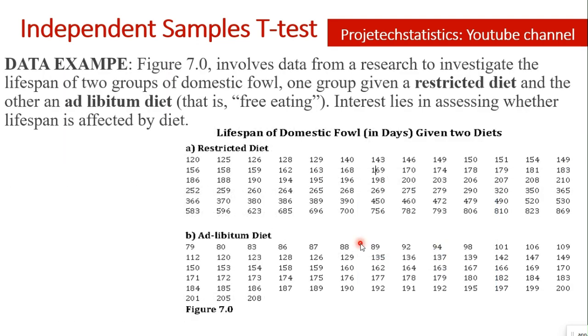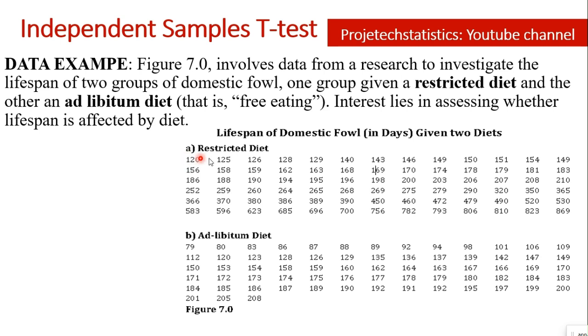So here in this research data, we're going to do analysis on this particular data. As we can see, we have domestic fowl that is divided into two diet groups. We have the lifespan, and we have the restricted diet group.